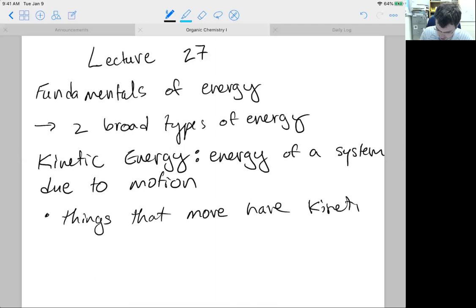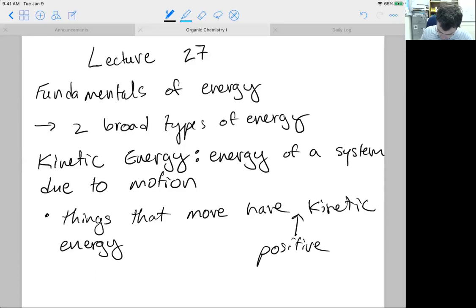And I want to quantify that a little bit and say things that move have positive kinetic energy. So we could actually assign a number to it, and say there's 15, whatever units we want to use, of kinetic energy. And so 15 positive implies that something is moving. And if instead we had a value of 30, we would say it's moving twice as much. It has twice as much kinetic energy.